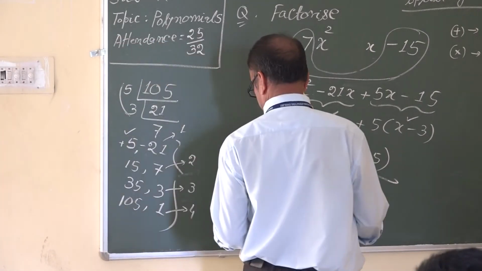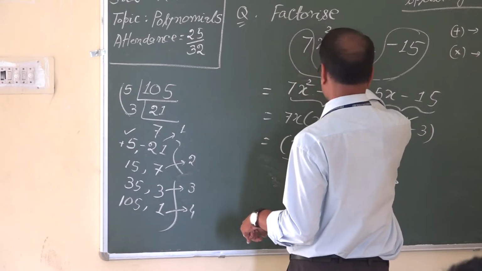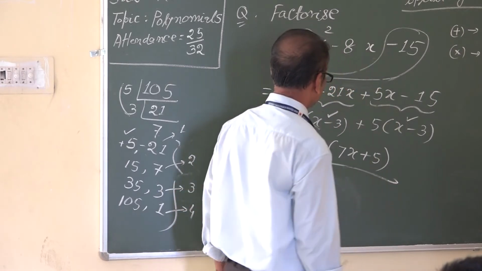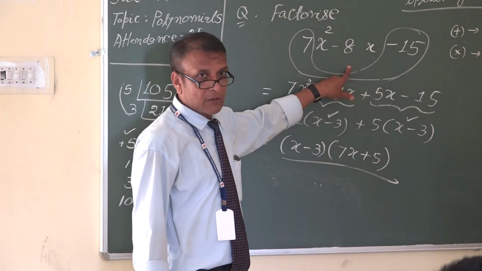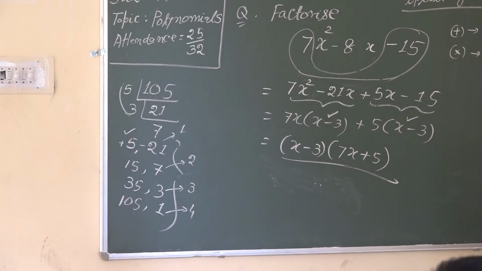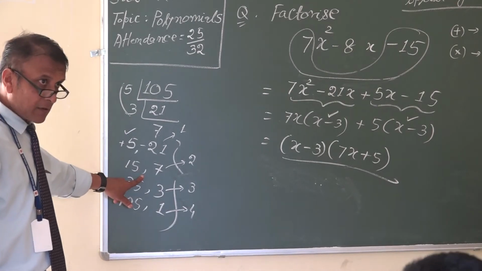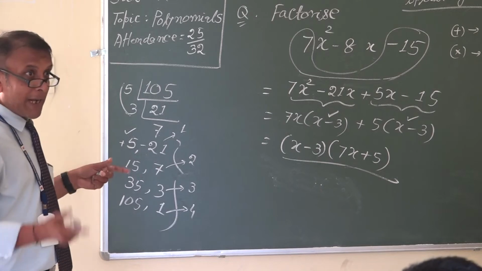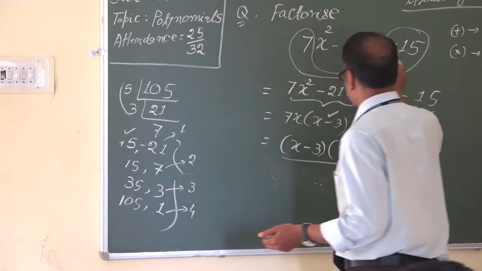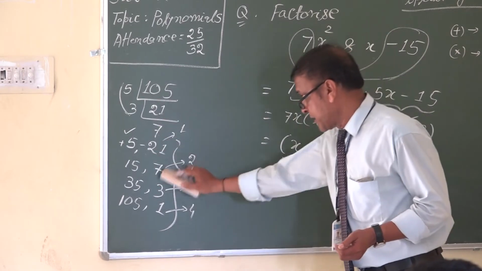Now for this middle term, which one will be used here? 15 and 7, correct, but minus 15 plus 7. Good, very good. So first of all, you will see what the product we need to get, factorize it, find the possible pairs.